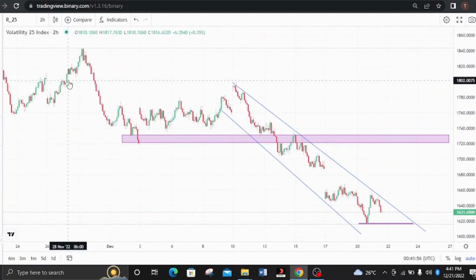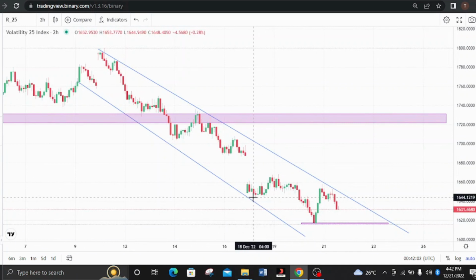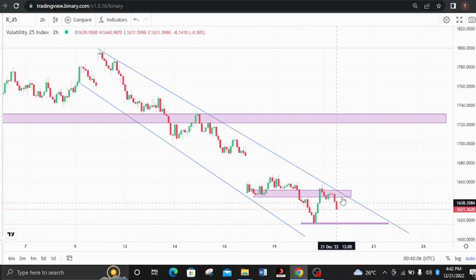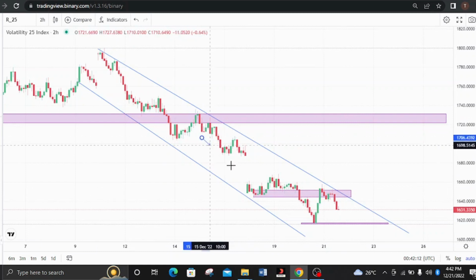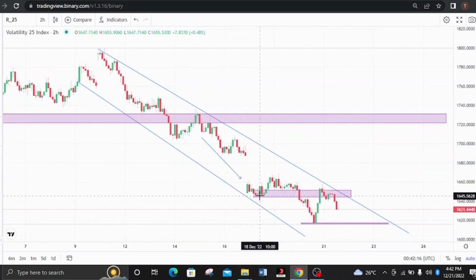So let's check out what is going on and what is happening on the recent move of the curve. We had this level here. What is it communicating? We had a push to the downside, right? And then a retracement on this level.